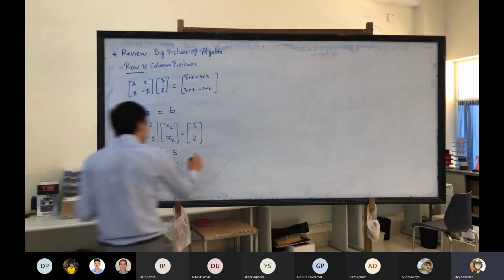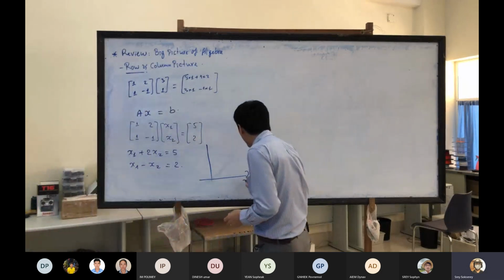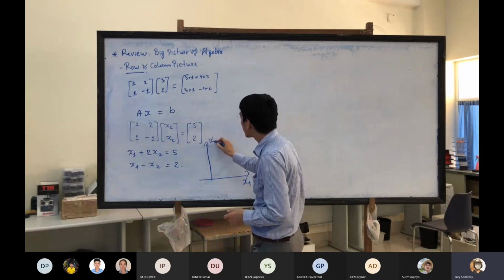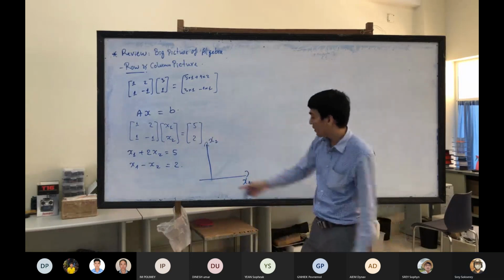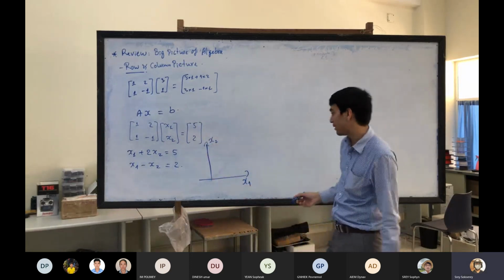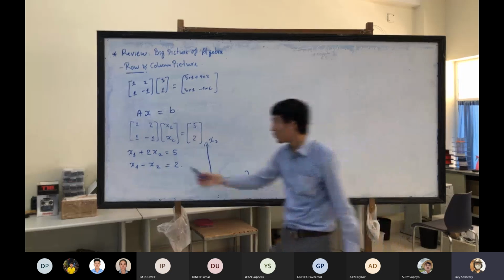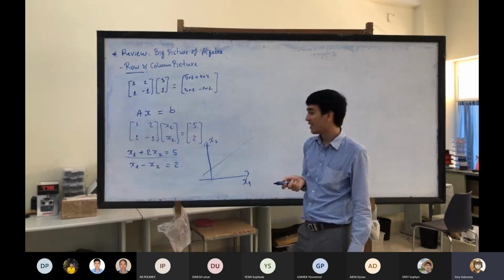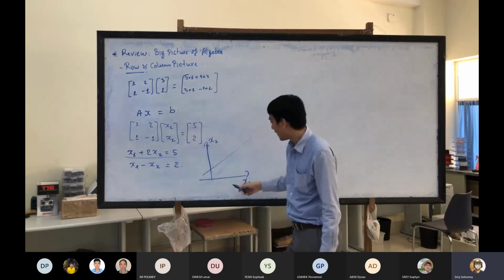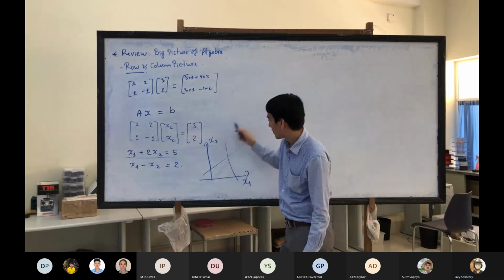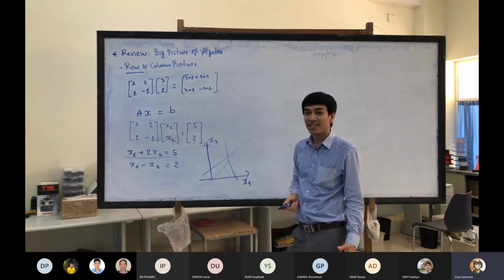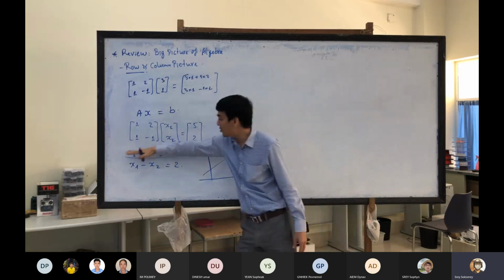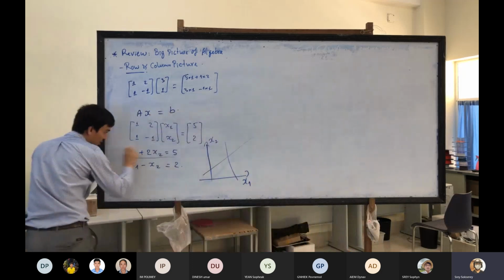Let's say I choose h1 and h2 as a Cartesian coordinate in a two-dimensional space. So for this one, you get one equation as a line, and for this one you have another line. So this is the row picture.